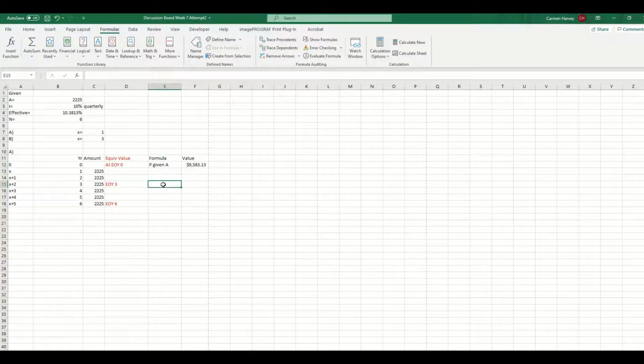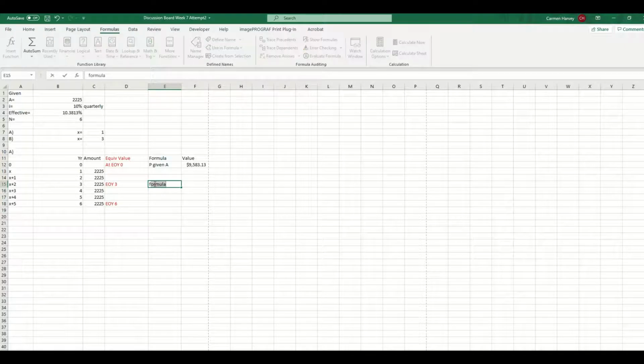So let's look at this one right here at end of year 3. We are looking at the future value given P, where P is actually this value right here, because it's like an intermediate step. Once we find this, we'll use a different formula, but for this one we're going to use the P value at 0.